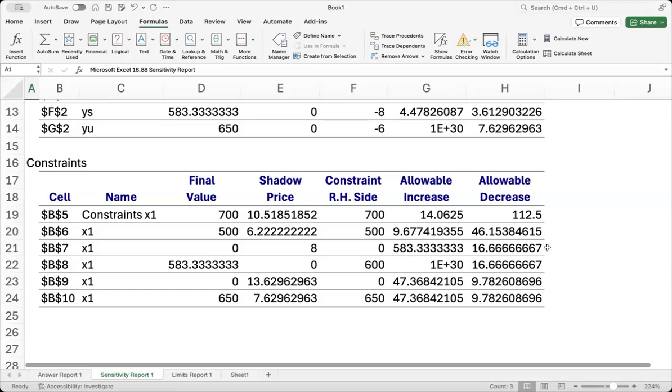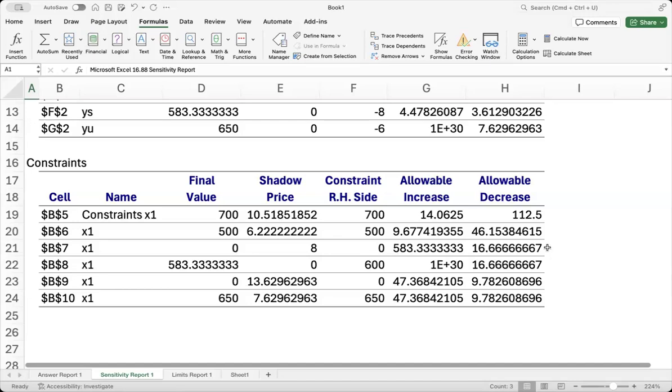However, the solution changed. But the information we can extract from this row is, we know the solution changed, and we don't have to solve the problem again, but we can estimate the change of the objective function.